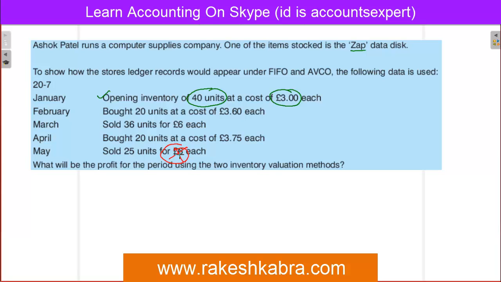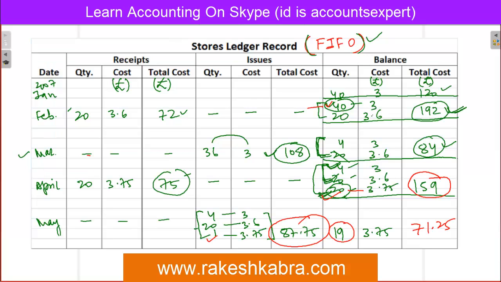This we will not consider, and this also we will not consider, because we are talking about only the cost of the units left. So whatever cost of units we already had, from that we will subtract the cost of units sold.